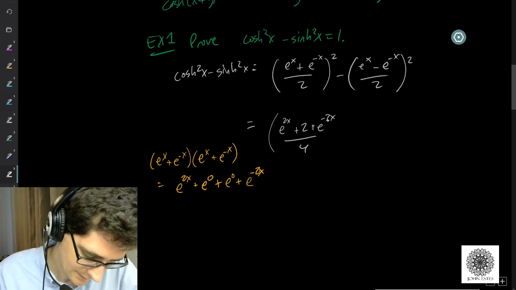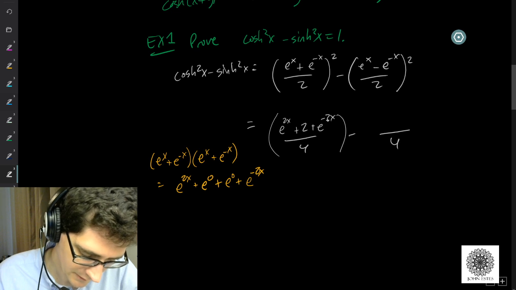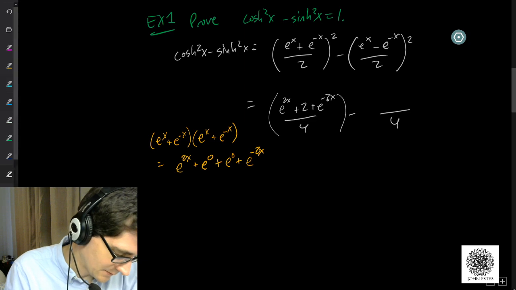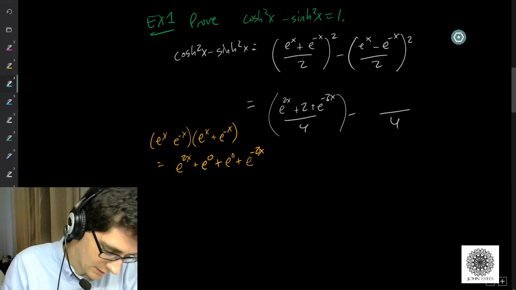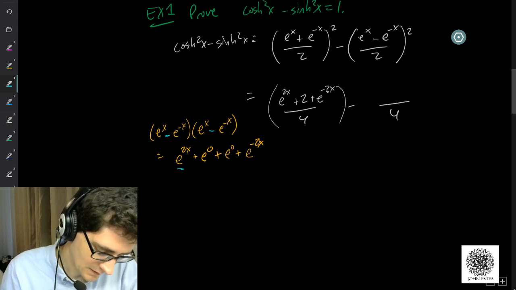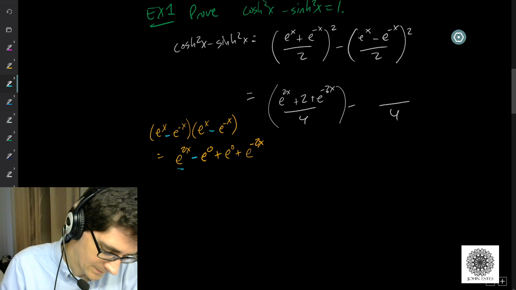Okay, now that's the first one. The second one, what do we get? We have a 4 in the denominator again. And now I'm going to multiply this out again. So let's do the same calculation. Let's just change our plus in the middle here to minus. See what happens. So you end up with e to the x times e to the x, so that stays the same. You have e to the x times negative e to the negative x, so I get a negative 1 there.